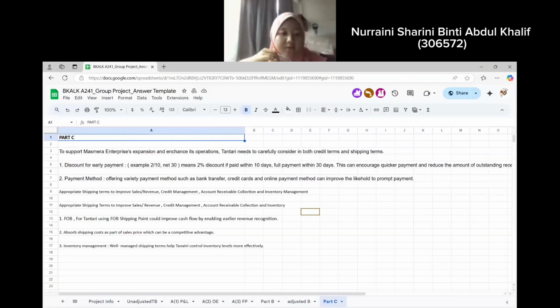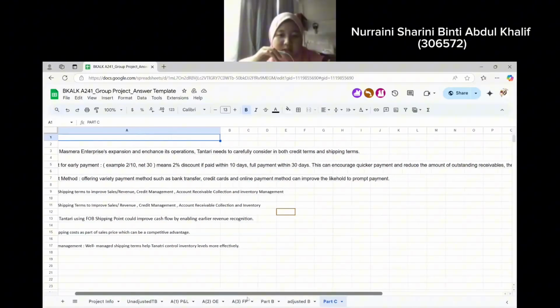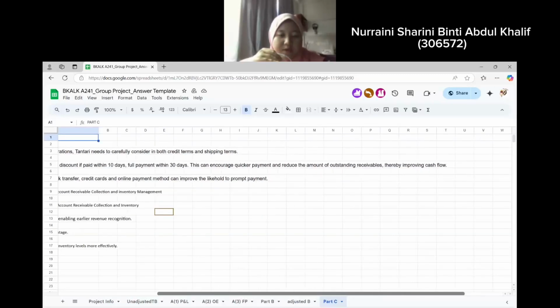Tantari can give a discount for early payments, for example 2/10, net 30, means 2% discount if paid within 10 days, full payment within 30 days. This can encourage quicker payment and improve the cash flow.